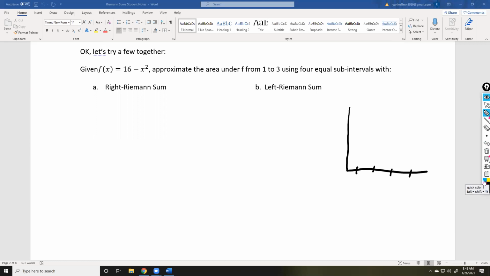One thing I know is that our vertex is at 0, and it crosses the x-axis at 4. So our graph looks like this.